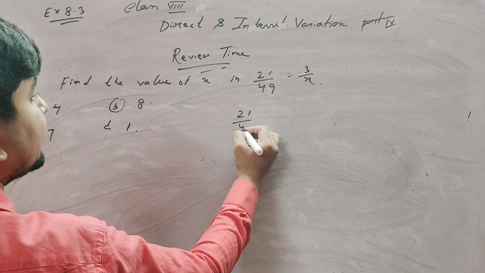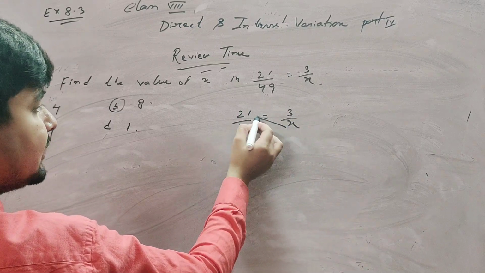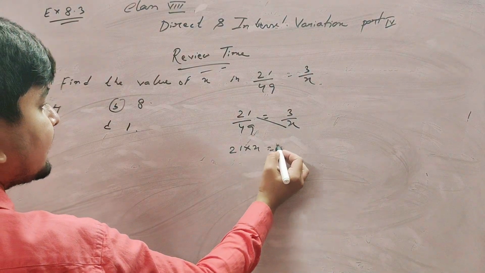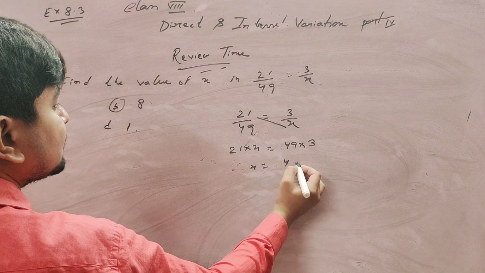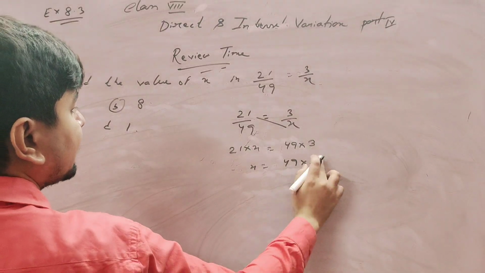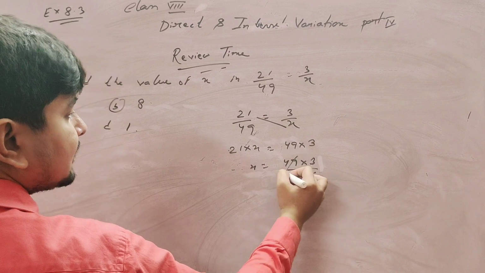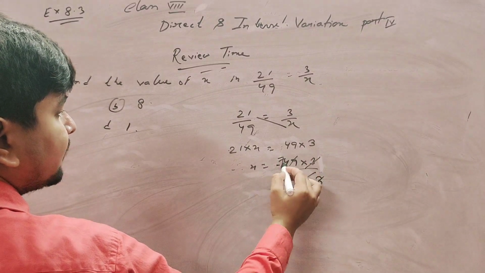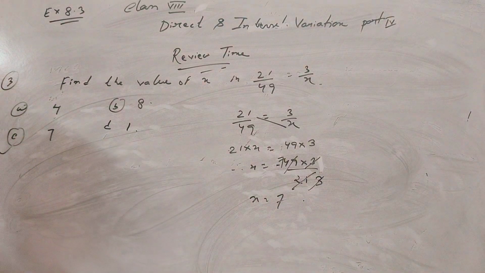So 21 by 49 equals 3 upon x, so 21 into x equals 49 into 3. Therefore x equals 49 into 3 by 21. 7 3s are 21, 7 7s are 49, 3 cancels down. x equals 7, which is option C.